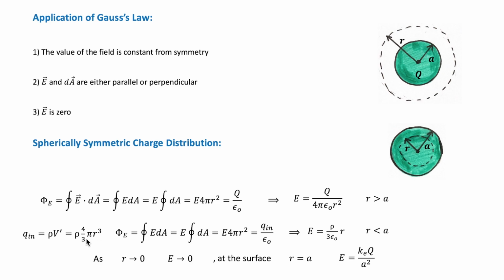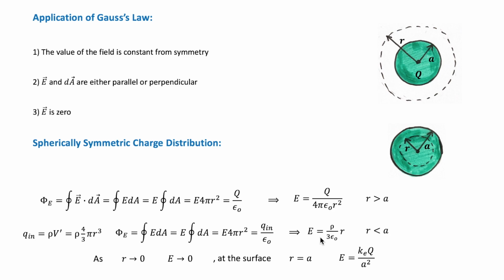And we calculate the electric flux, and again, E goes out because it satisfies these two conditions. We can put it out of the integration and we can calculate E. So if you substitute Q in from this equation, you get E equal to rho r over 3 epsilon naught for r less than a, okay?